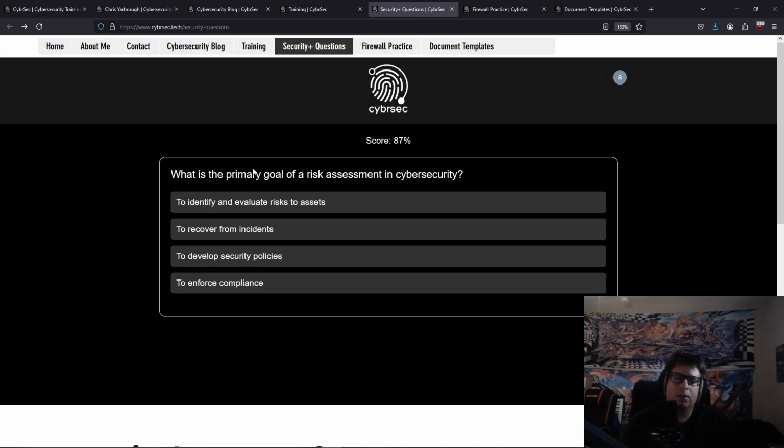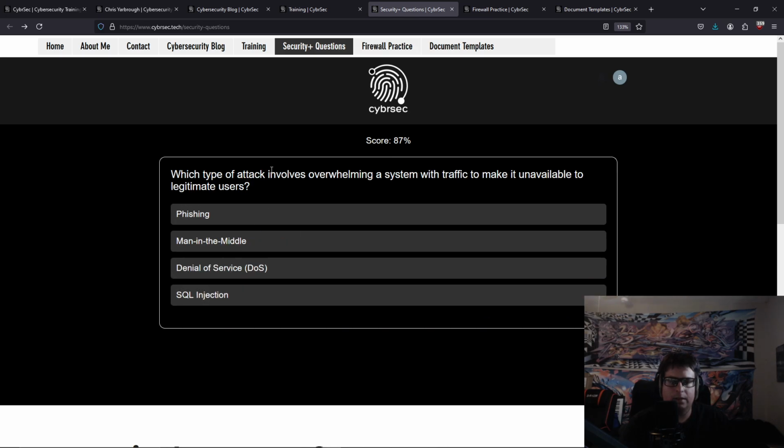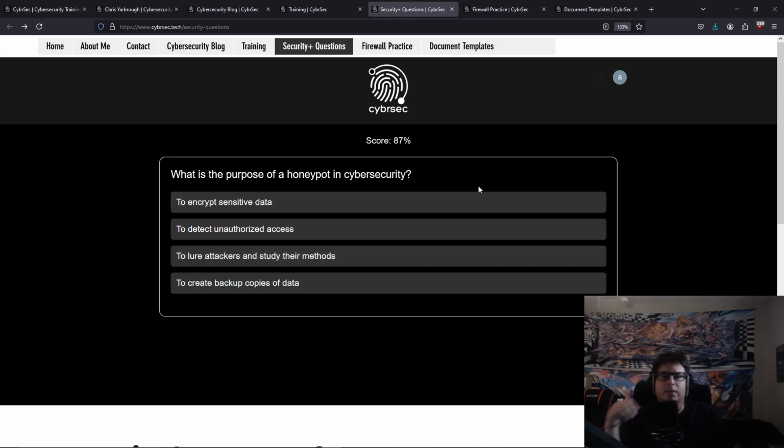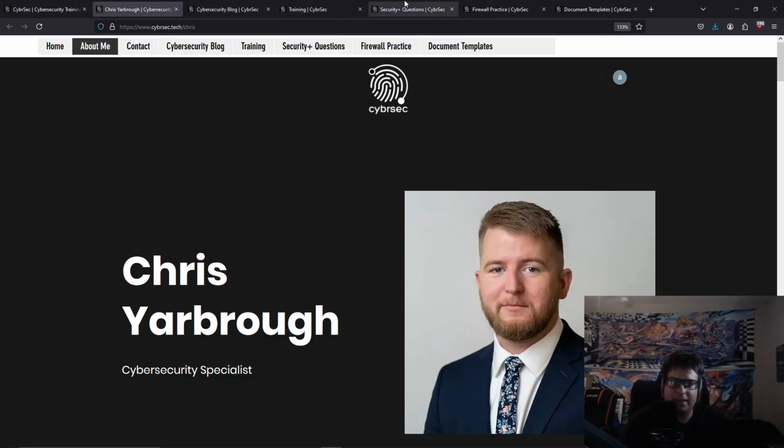Yes. Primary goal of risk assessment. Yes. Which type of attack involves overwhelming a system with traffic to make it unavailable to legitimate users? Denial of service. What is the purpose of a honeypot? Christopher, I've answered this one.